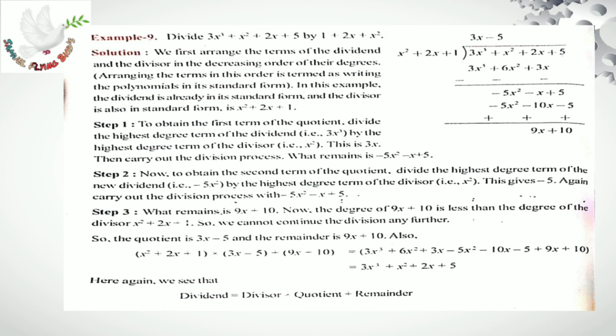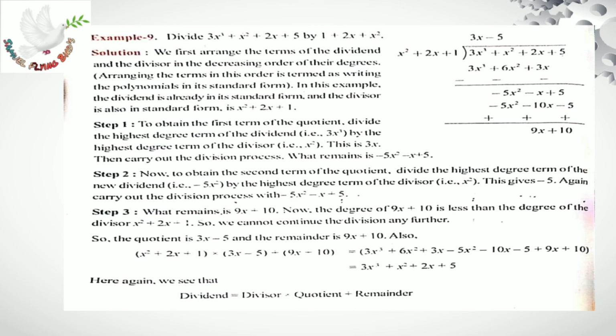So we are taking the divisor, quotient and remainder to cross-check whether the solved problem is correct or wrong. By substituting divisor into quotient plus remainder, we derive the expression and find the final expression as 3x cube plus x square plus 2x plus 5.